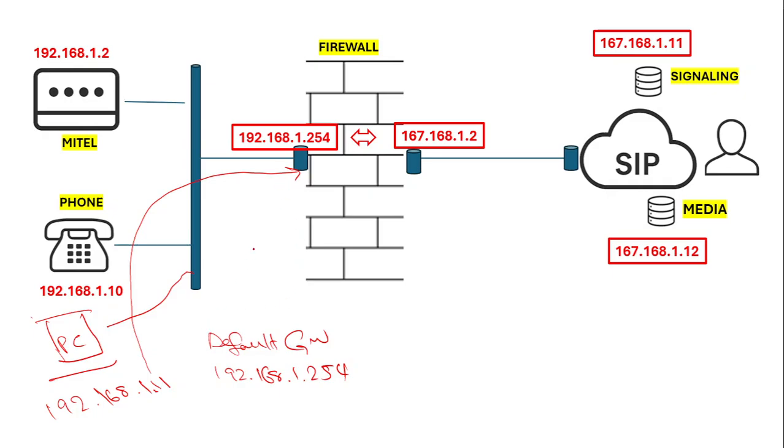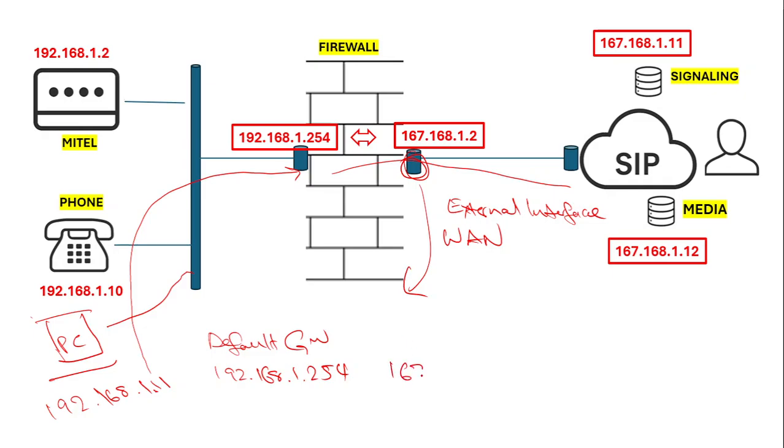So it does this by sending this out of the external interface of the firewall, where we've got a public IP address, which is 167.168.1.2.